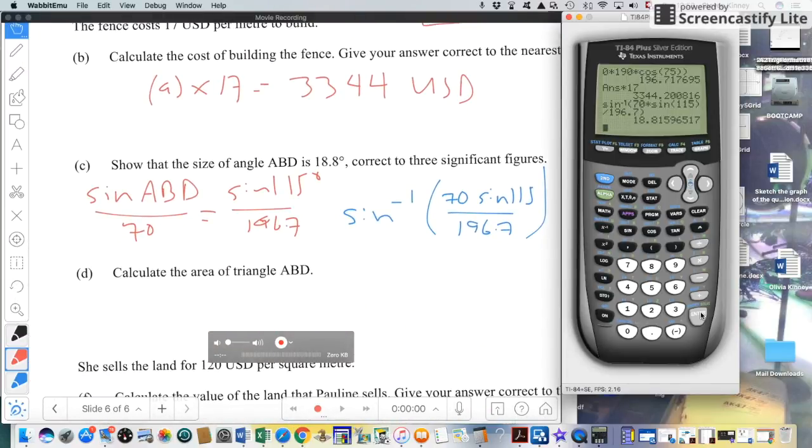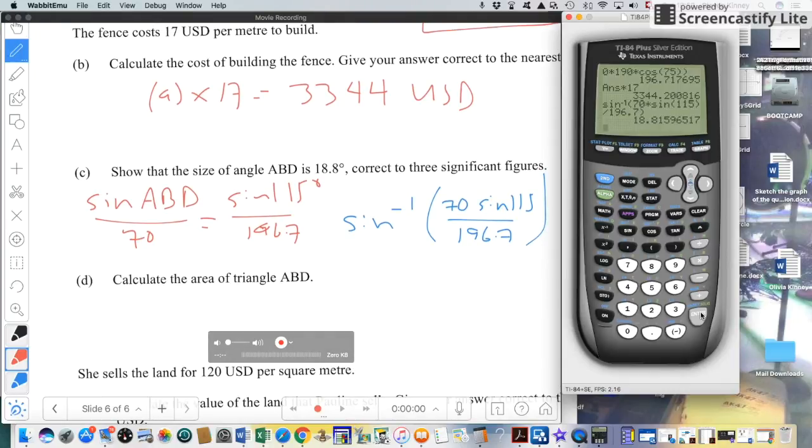So that angle that I want, 180 minus 115 plus 18.8, that angle is 46.2 degrees. Okay, so I'm going to use that in the area formula. The adjacent sides are 70, 196.7, and sine of 46.2.